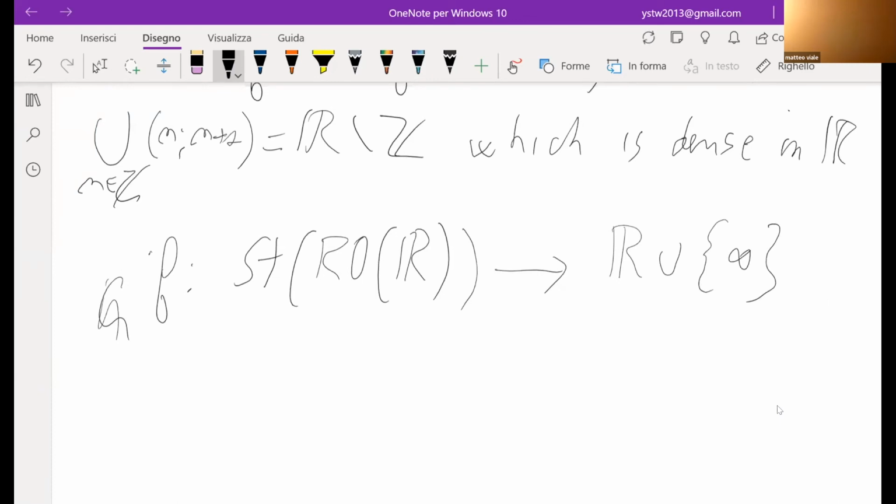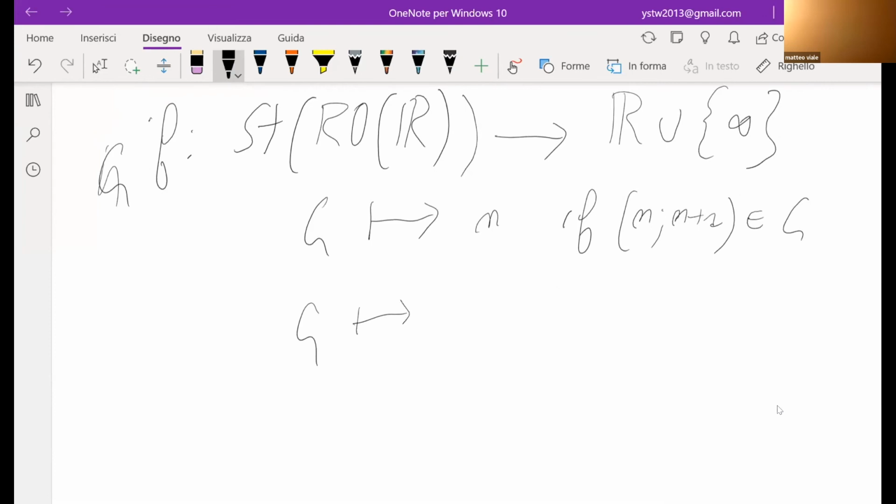It maps G to n if the regular open set (n, n+1) belongs to G, and G goes to infinity otherwise.